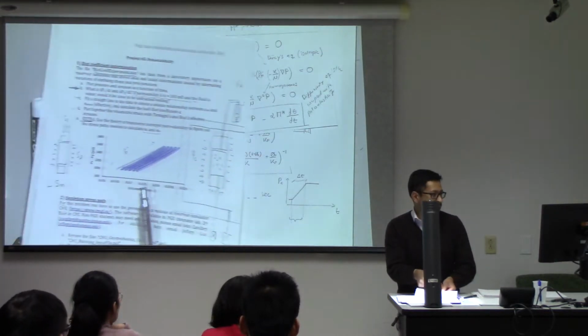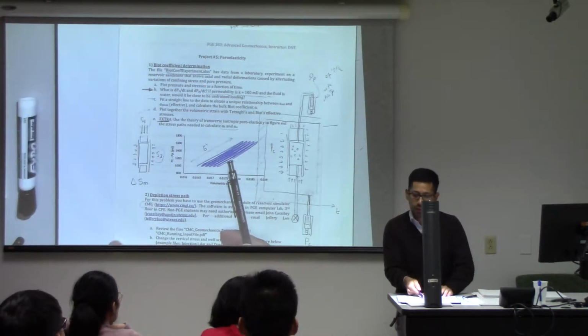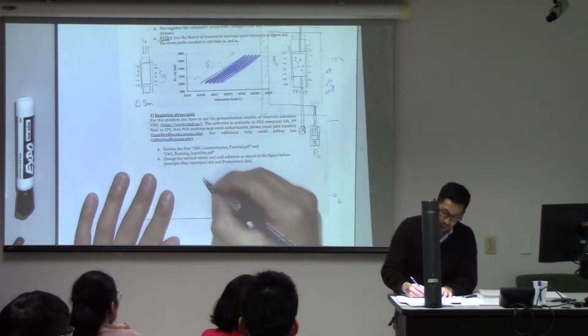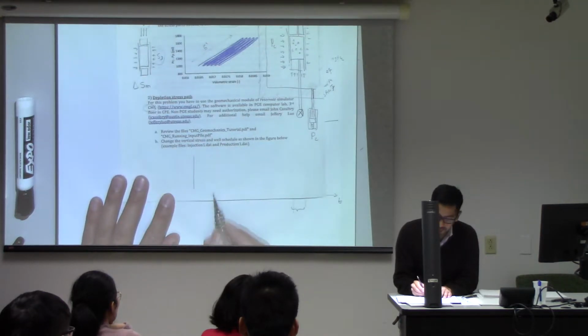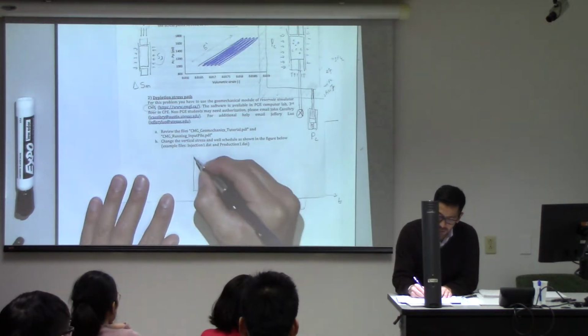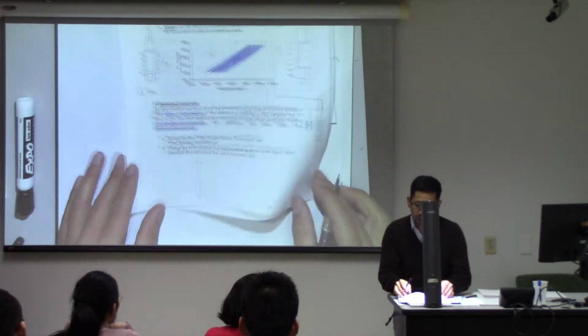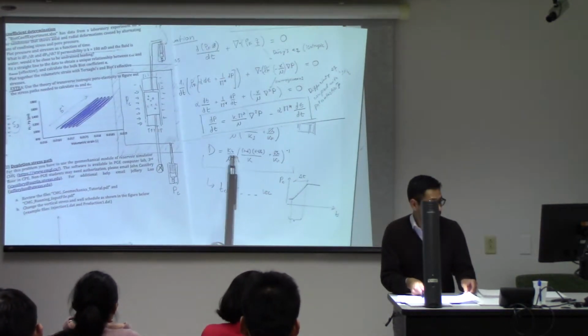There is something funny when you do undrained loading of samples and you follow this same procedure. We have done this in the lab, trying to measure the Biot coefficient of very tight rocks in which your permeability is very small.